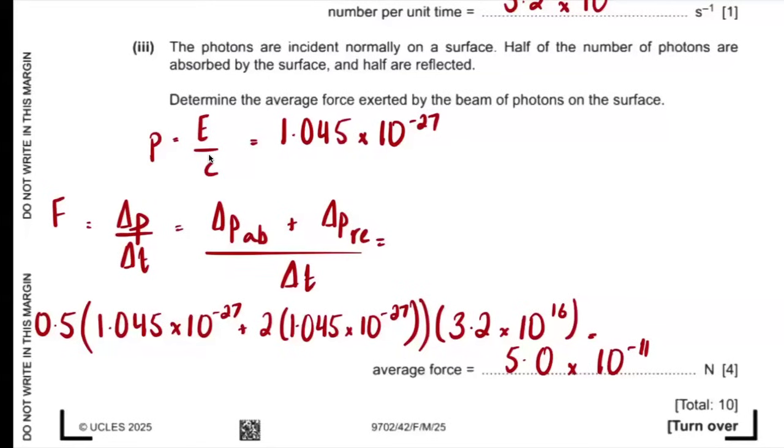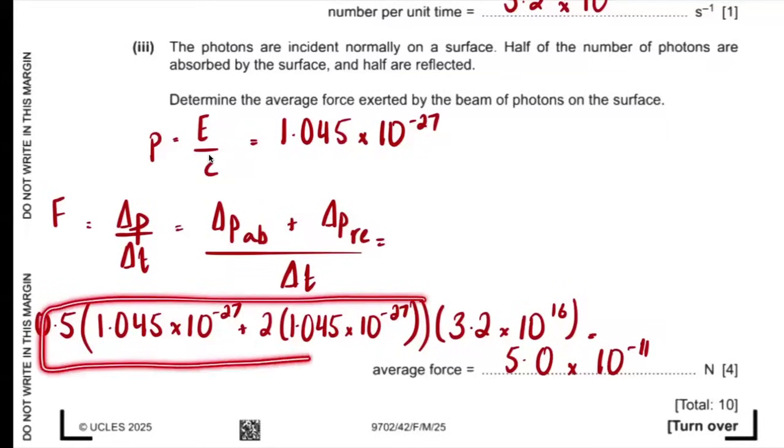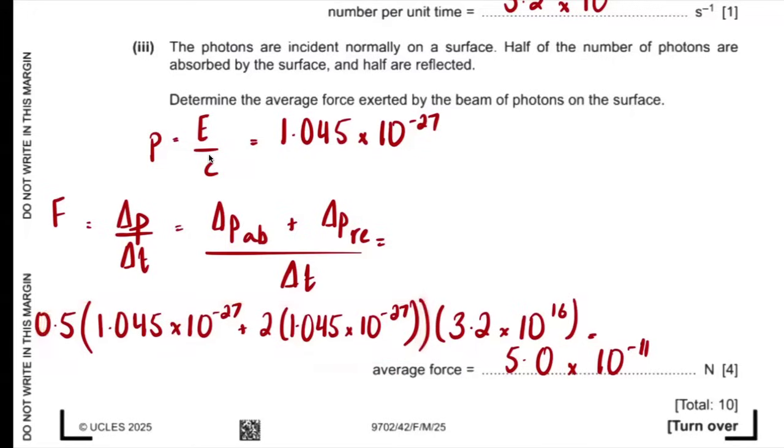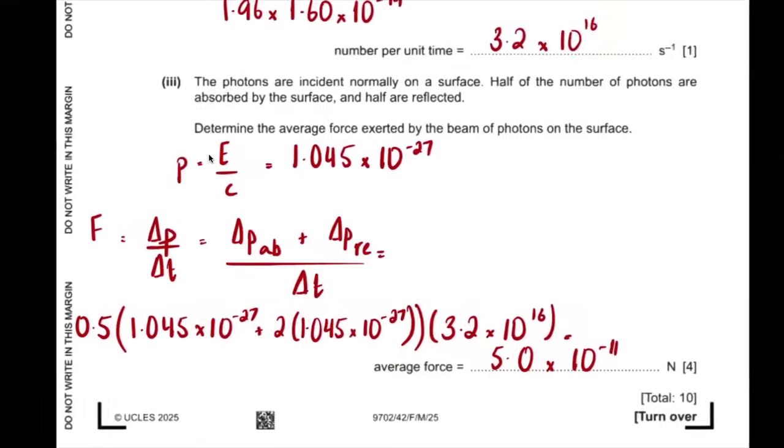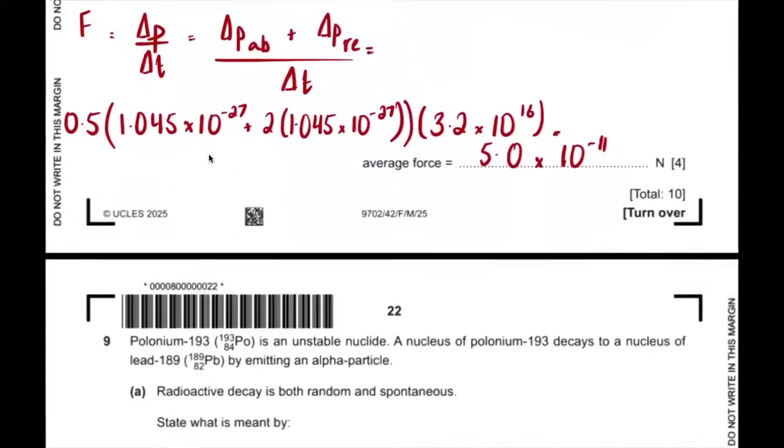Another way to think about this is that this is basically for one photon, right? This is the change in momentum of one photon. Sorry, this is the force for one photon, and you multiply by the number of photons, so you get the average force which is exerted. So this was also a very technical question.